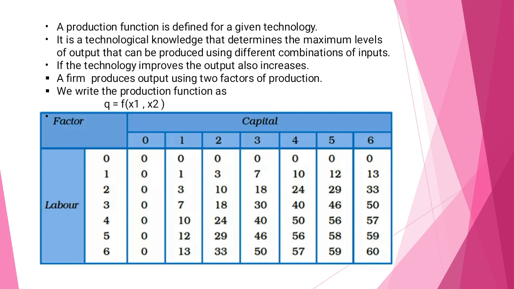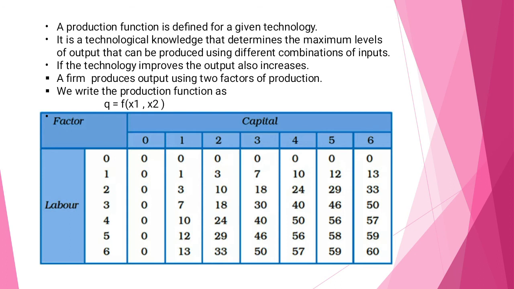The left column shows the amount of factor 1, labor, and the top row shows the amount of capital. As we move to the right along any row, capital increases. As we move down along any column, labor increases. For different values of the two factors, the table shows the corresponding output level.